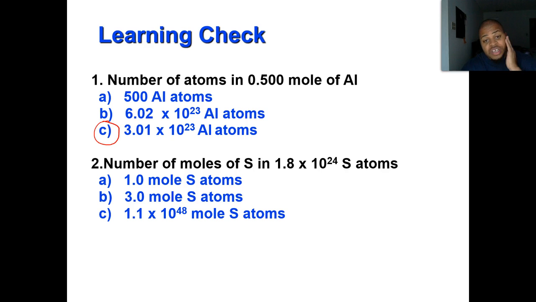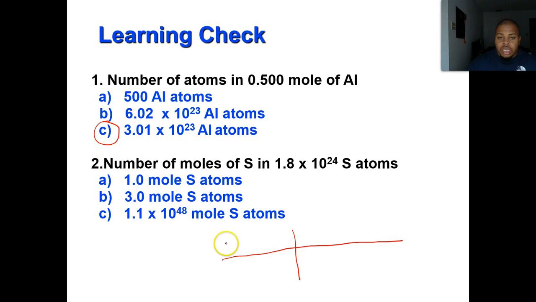Now, if we need to go the opposite way, and we're asking for the number of moles in 1.8 times 10 to the 24th sulfur atoms, in this case, instead of multiplying like we did before, this time we're actually going to divide, but we're still going to use the same number. This is where that table still comes in handy. So I'm going to make my table, and I apologize for how bad it looks.